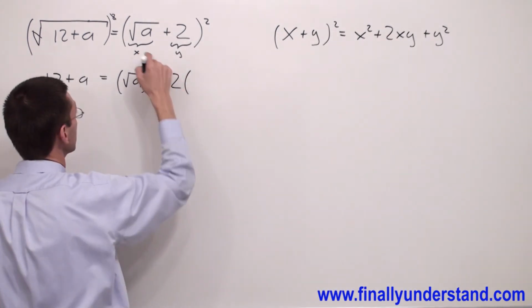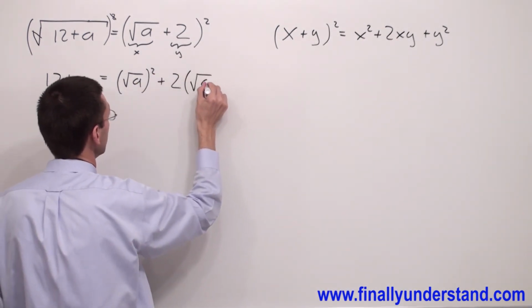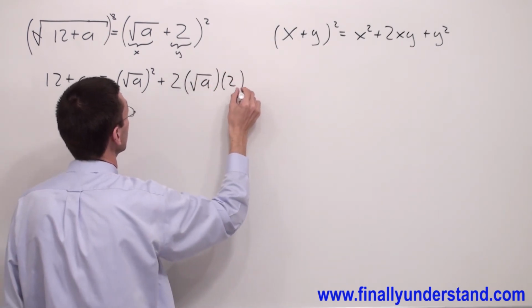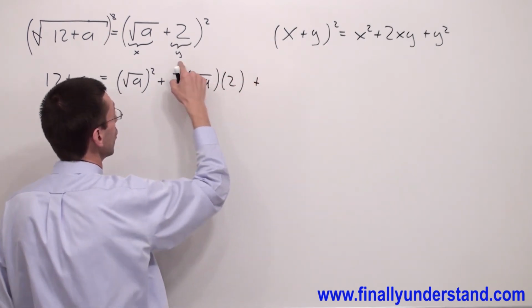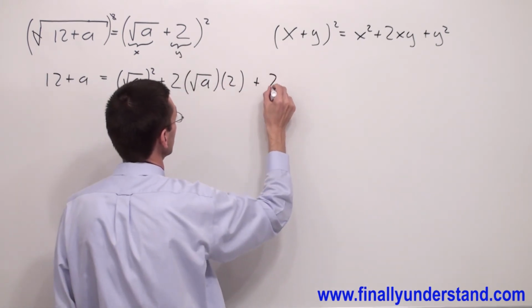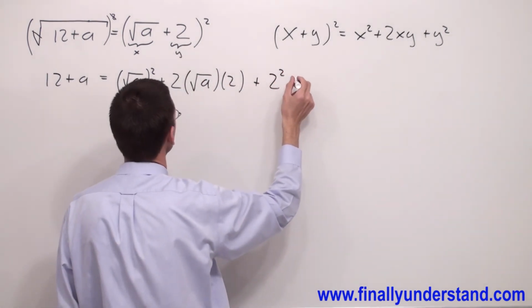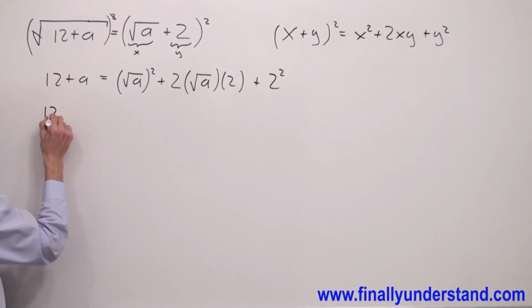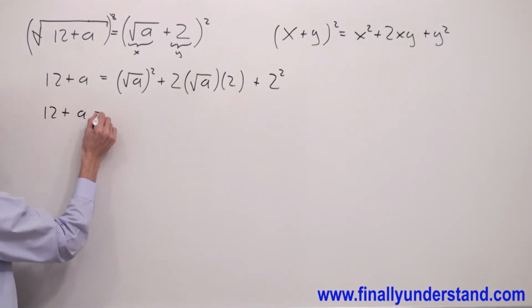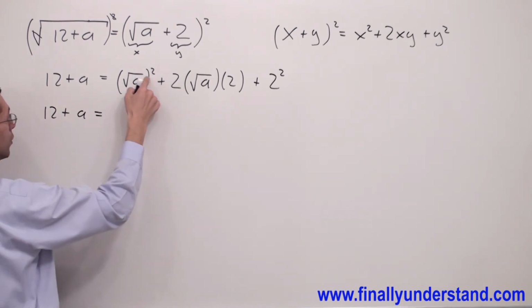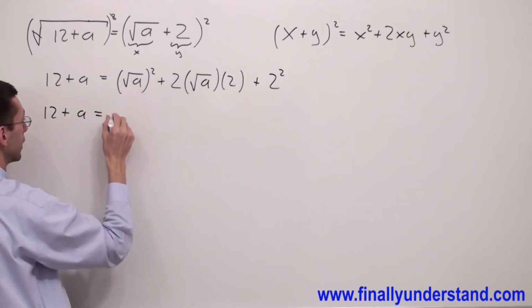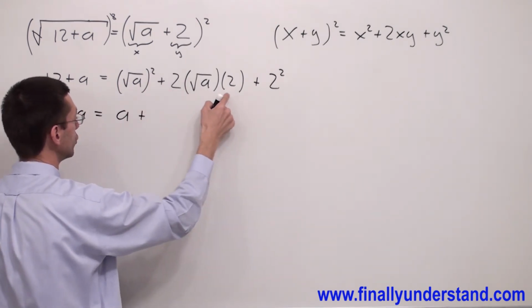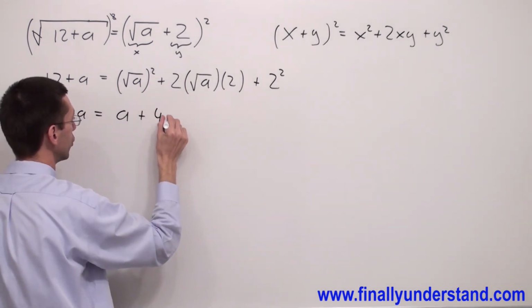This is my x, square root of a, times y, which is 2, plus y to the second power, 2 to the second power. Let me copy this down. 12 plus a equals square root of a squared is a, plus 2 times 2 is 4 square root of a, plus 4.